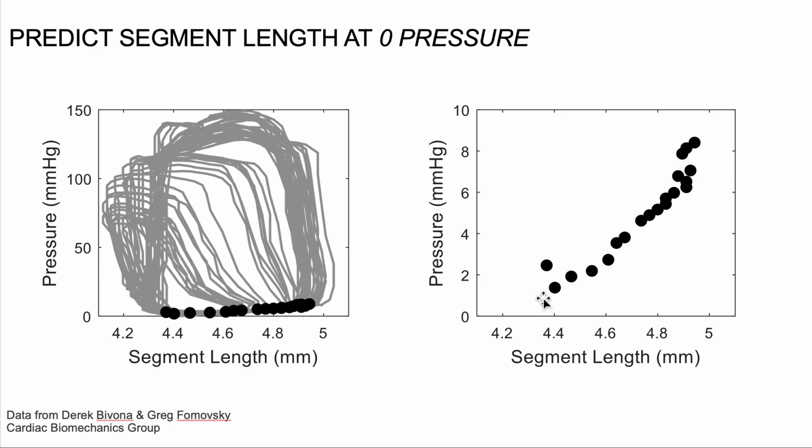And so we don't have this measurement at zero pressure, but we can infer what would be the zero pressure if we can fit a line through all these data points, and then we just ask at what value of the independent variable does the line cross when the pressure is zero.